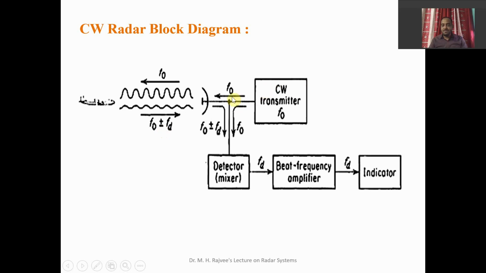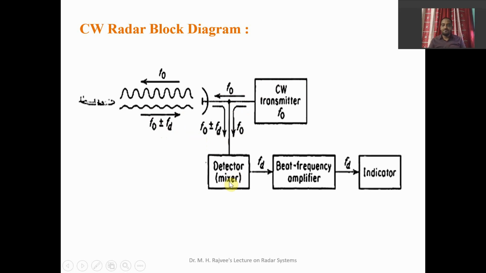The transmitted frequency F0 is also supplied to the mixer. Now this mixer is getting two inputs. One is F0, another is the received echo, whose frequency is F0 plus or minus Fd.